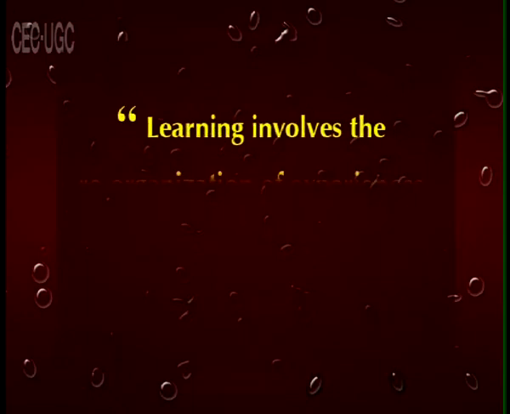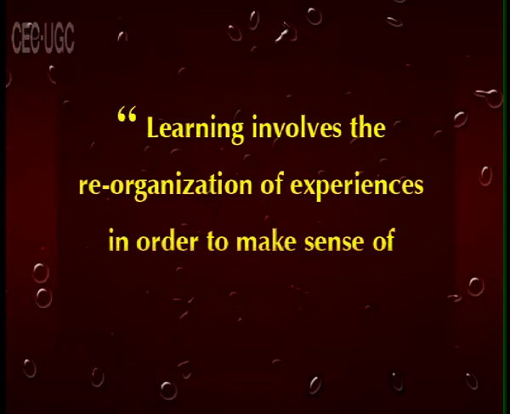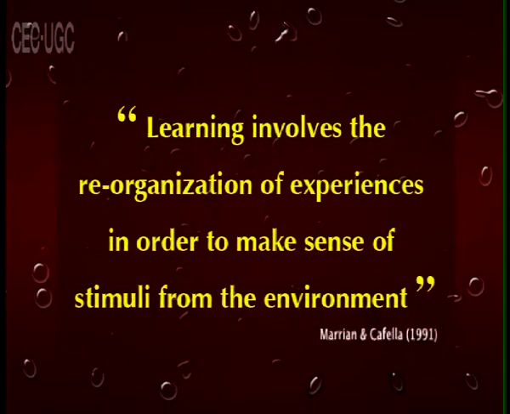In a similar way, Merriam and Caffarella interpret learning as involving the reorganization of experiences in order to make sense of stimuli from the environment. Limiting the behaviorist explanations in terms of S-R associations only to the simple forms of learning, cognitivists do emphasize the role that perception and understanding play in more complex forms of learning.